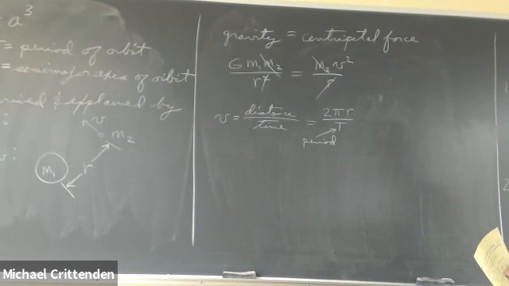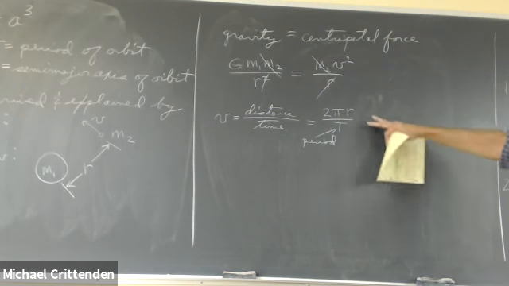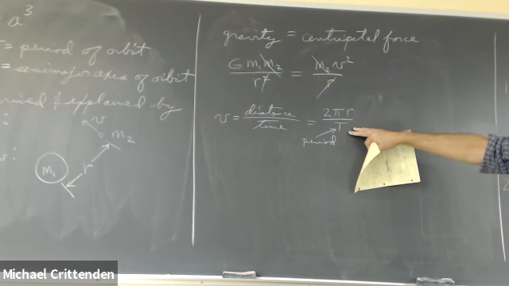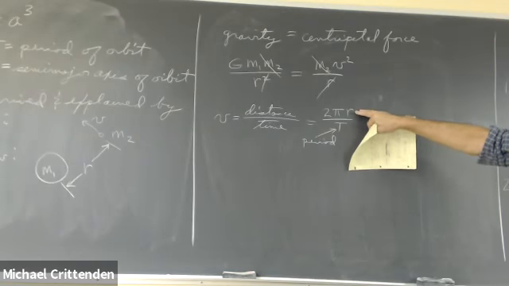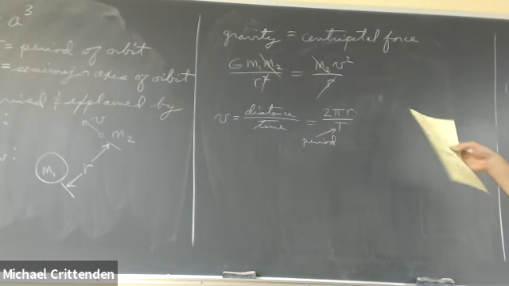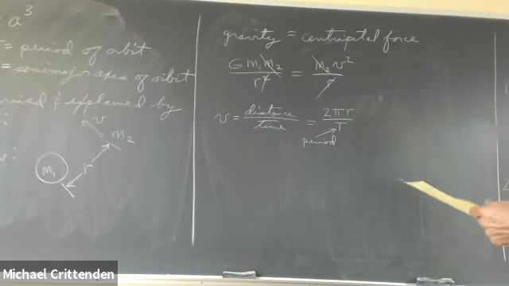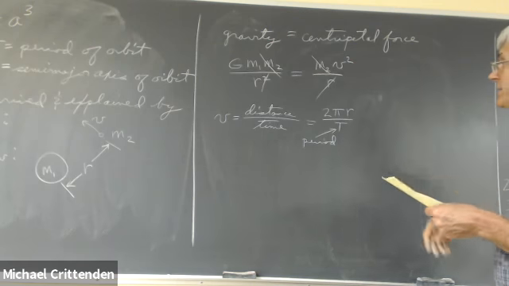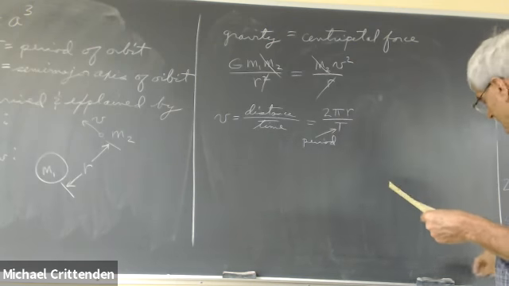The speed of the planet, well, in general, speed is distance over time. That's the definition. The planet would cover a distance equal to the circumference of the orbit in a time equal to 1 period. I mean, that's what the period means, the time to go around the orbit once. And the distance to go around the orbit once is 2 pi r. So for v, we have 2 pi r over T.